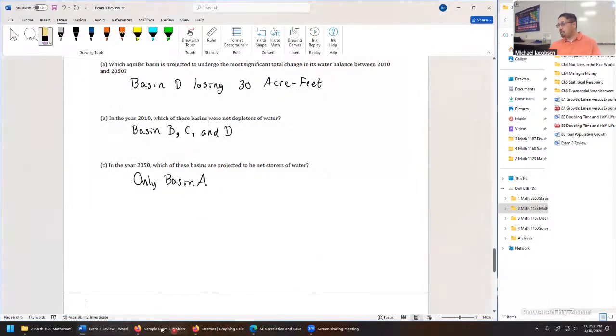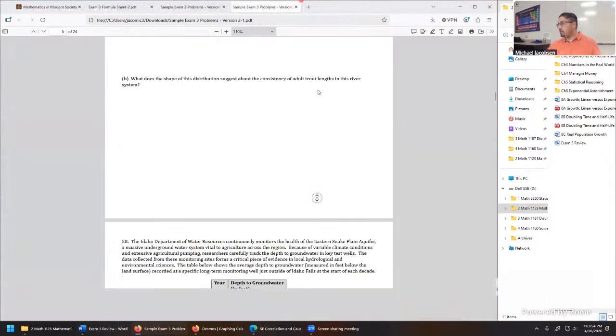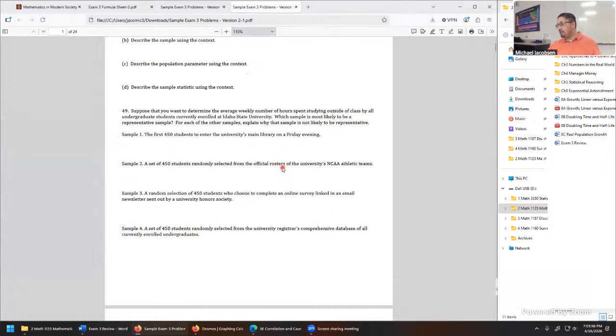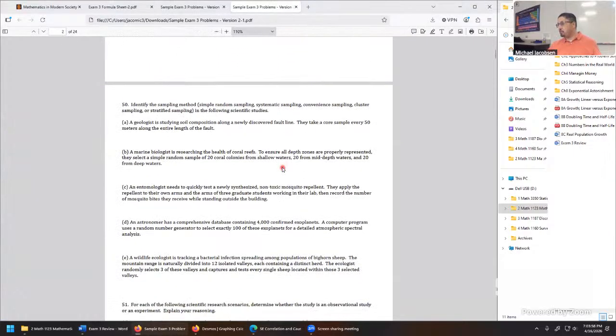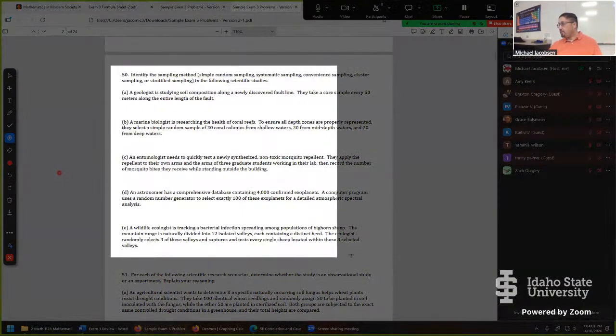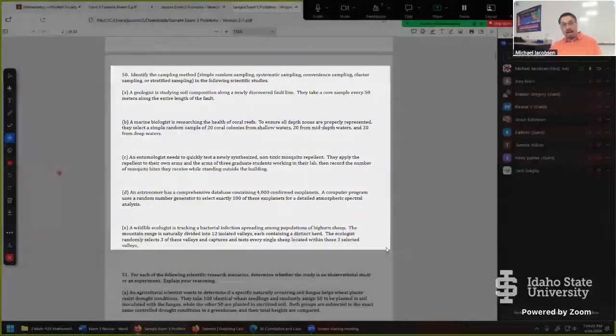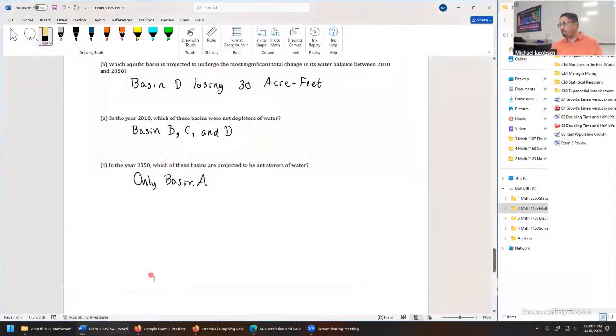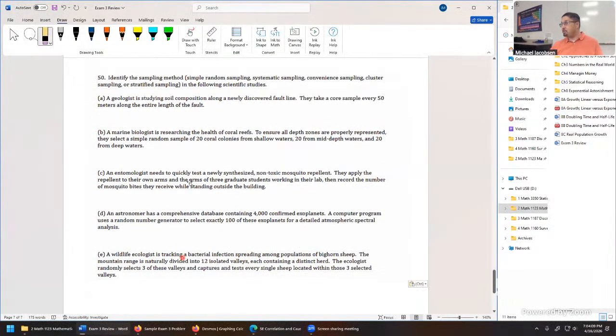So next question to take a look into. Let's go to the very top once again. And I want to skip down to this question here. This one is supported by the back of the actual exam 3, so you don't have to necessarily write down notes on your exam sheet.